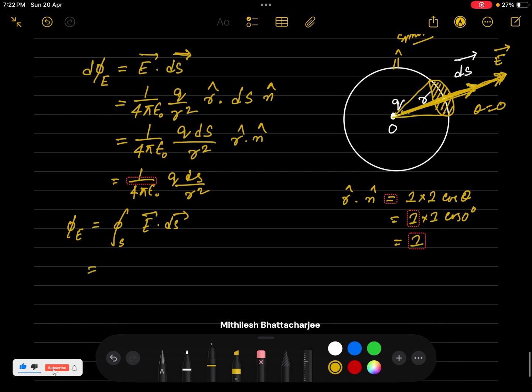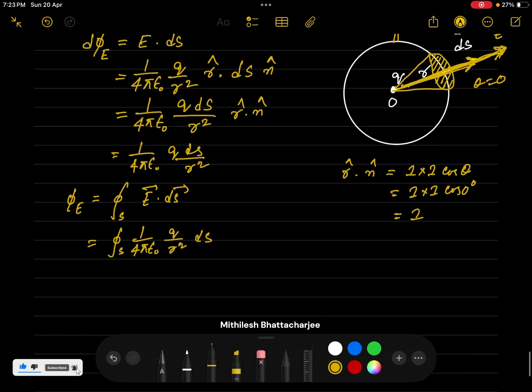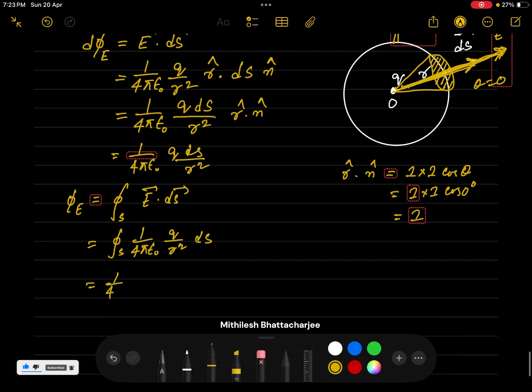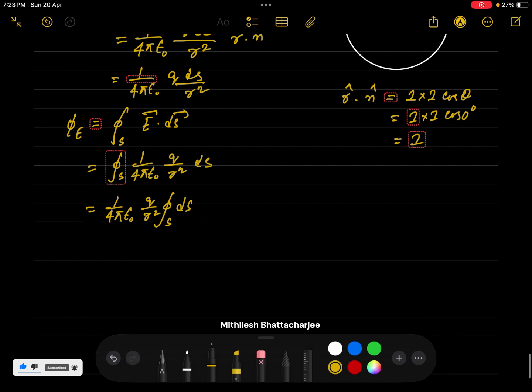That is the surface integral of 1 by 4 pi epsilon naught q by r square into ds. Now 1 by 4 pi epsilon naught is a constant, so we put it outside of the integration, and the integration will be just for ds.